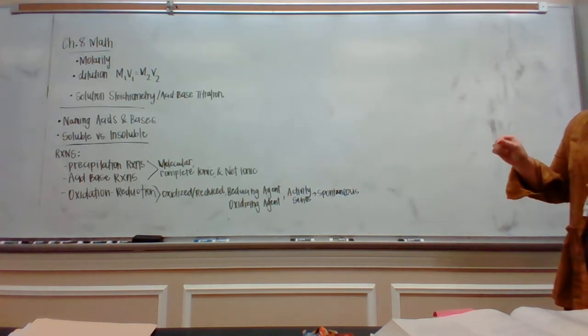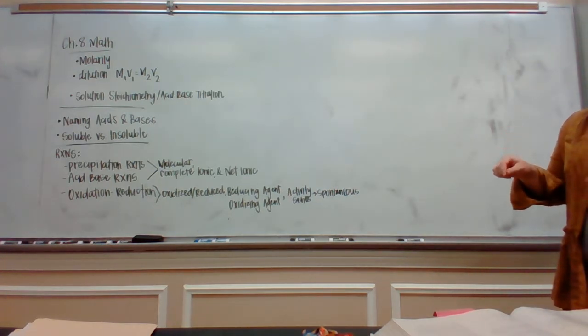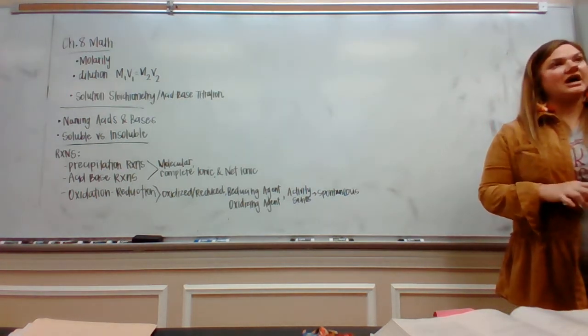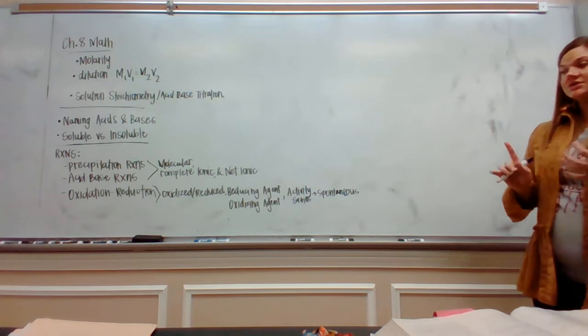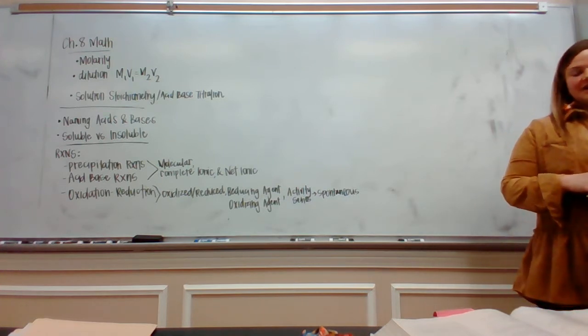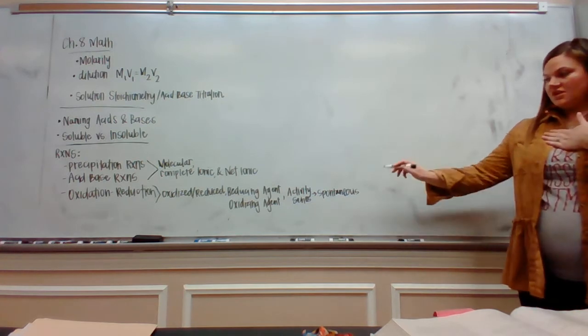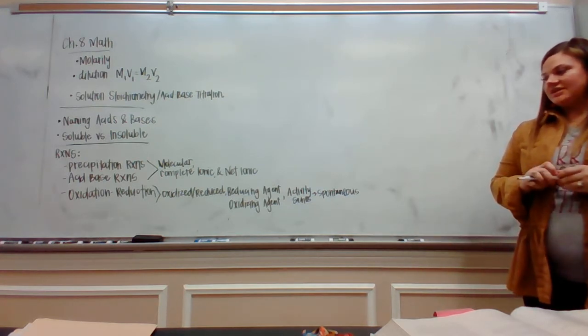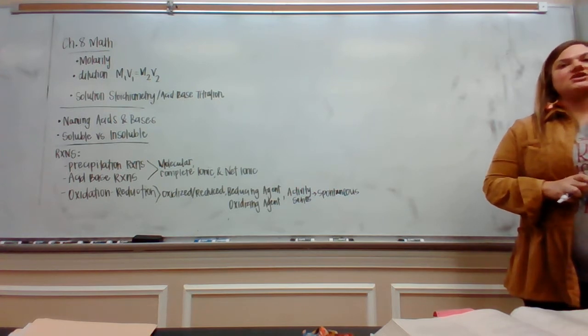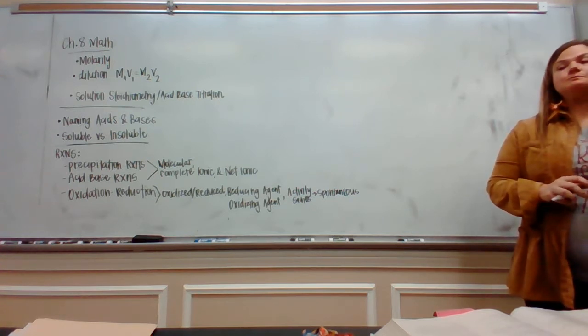Then with oxidation and reduction, you're just going to use your oxidation states to tell me who's being oxidized, who's being reduced, which one is your reducing agent, which one is your oxidizing agent. And then the last thing is using the activity series to determine if the reaction will occur spontaneously.